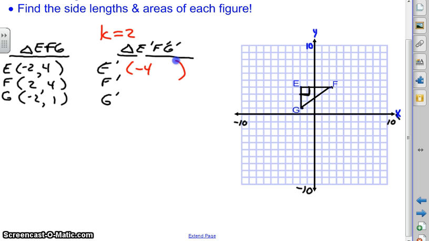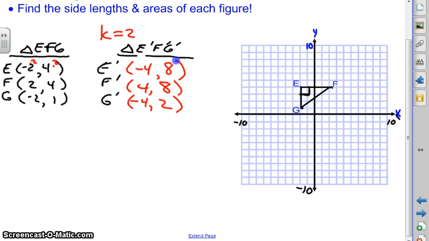So she's multiplying each of these by 2. So we should do this to all 3 points. So who has F prime? F prime, Riley. 2 times 2 is 4, and 4 times 2. Good. And the last one, G prime, right? -4 and 2. And 2.